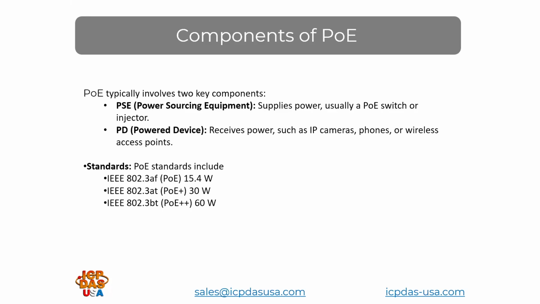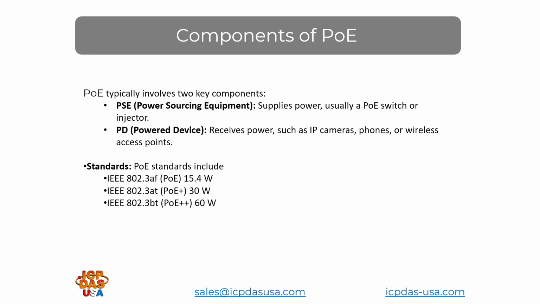There are two typical components for the PoE system. There is the power sourcing equipment, which supplies the power. Usually this is a PoE switch or PoE injector. And there are the PD, or powered devices. These are the devices which are PoE enabled and receive power through the Ethernet cable, powered through the PoE switch.